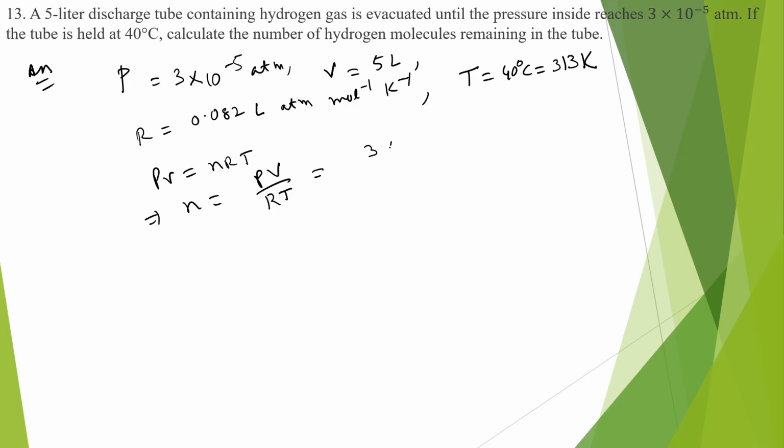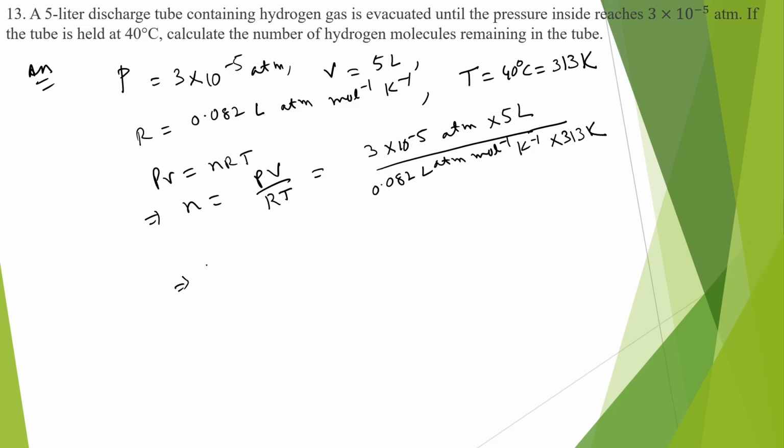P is 3 times 10 to the minus 5 atmosphere, V is 5 liter, R is 0.082 liter atmosphere mole inverse K inverse, and temperature is 313 K. If we do it, we get n as 5.8 times 10 to the minus 6 mole. So this is the number of moles.